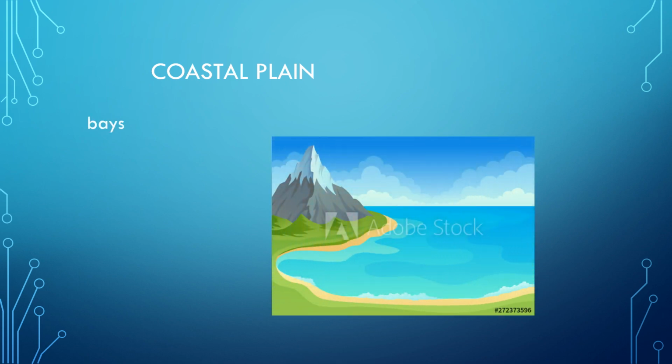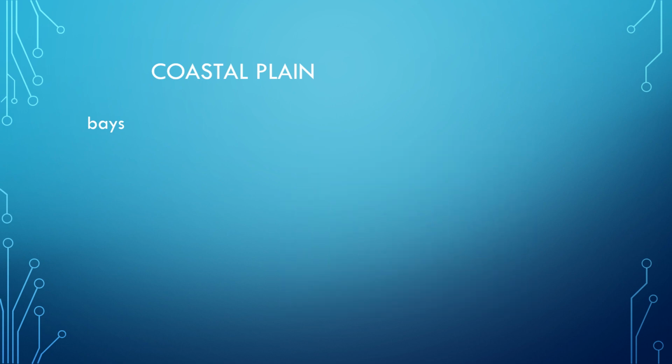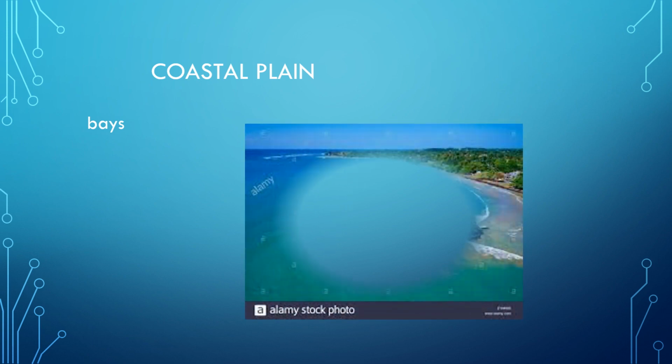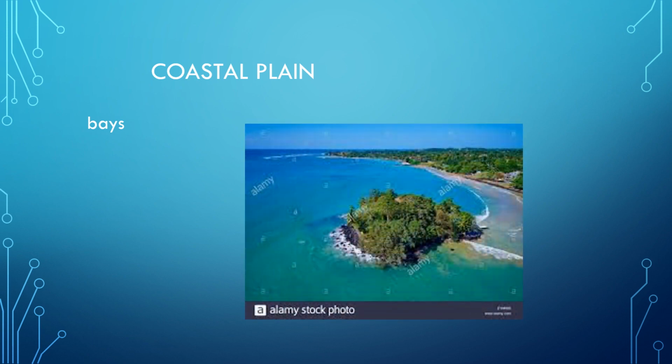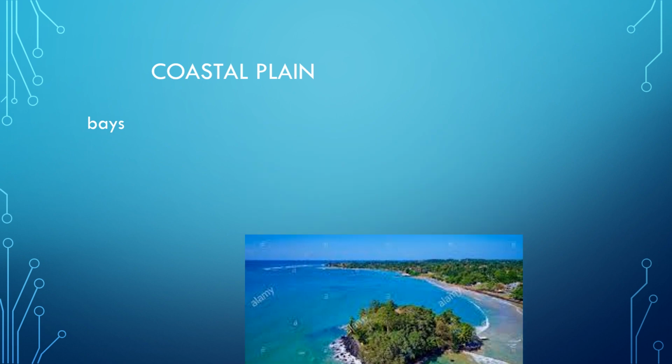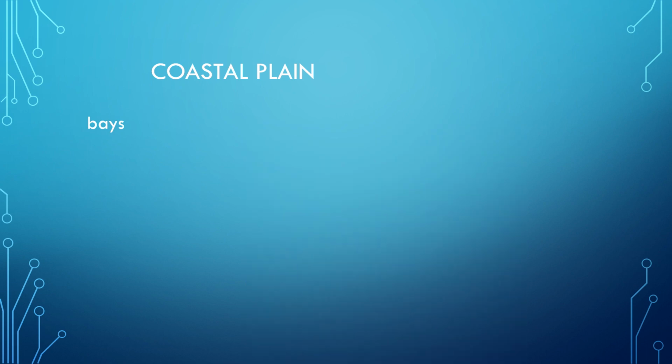Do you know what is the meaning of a bay? A bay is a patch of water surrounded by land on three sides. A bay has a wider mouth. Examples: Weligama Bay, Arugam Bay.